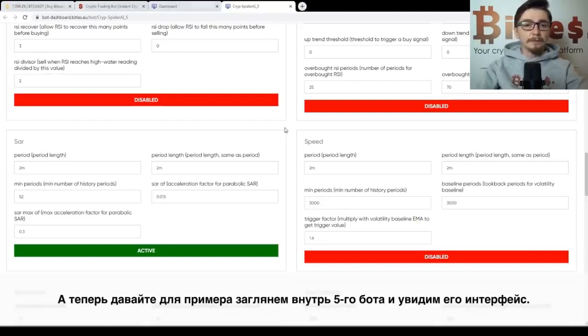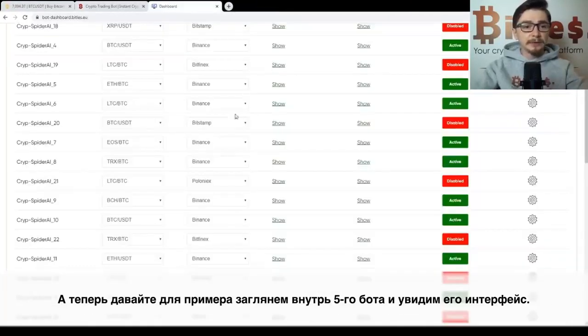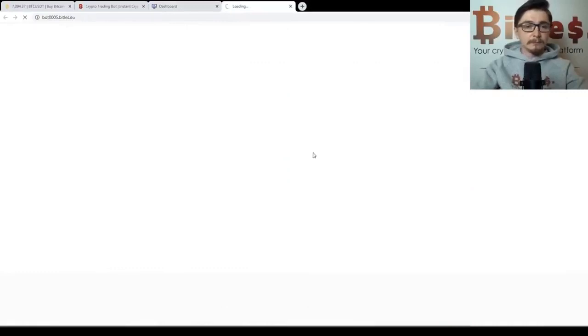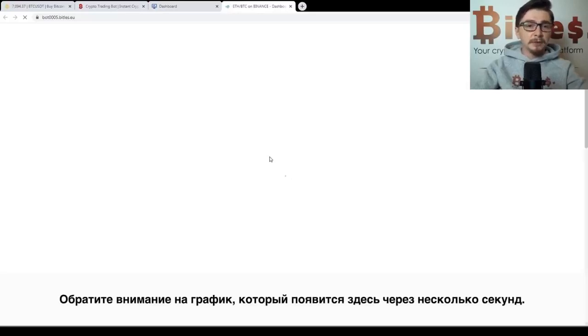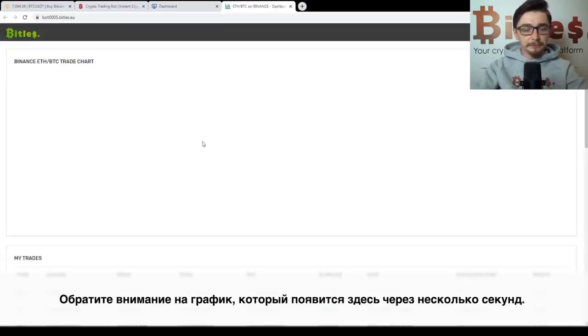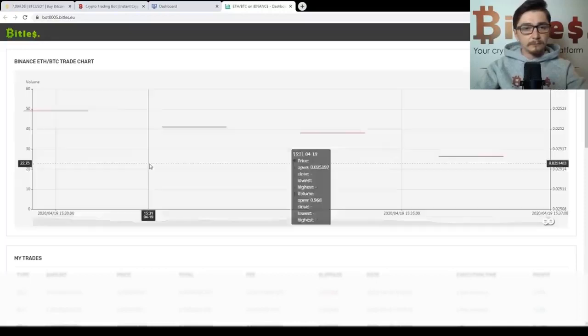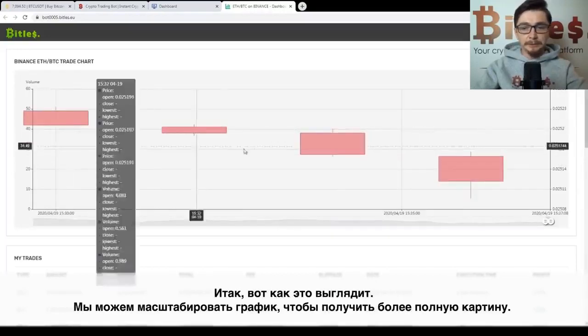Okay, now let's take a look inside the fifth bot and see its interface. Pay attention to the chart that will appear here in just a few seconds. So this is what it looks like.